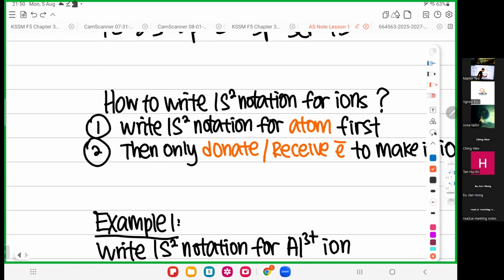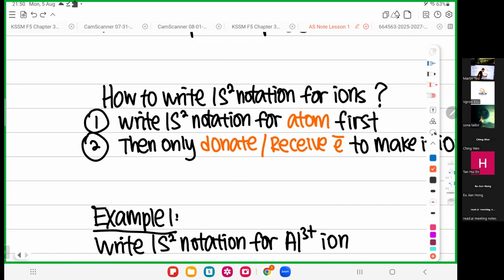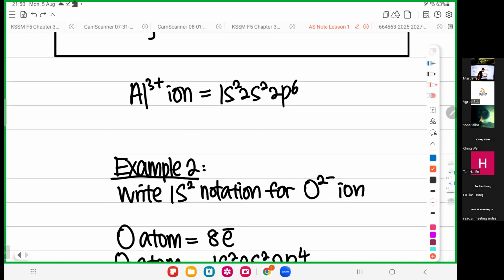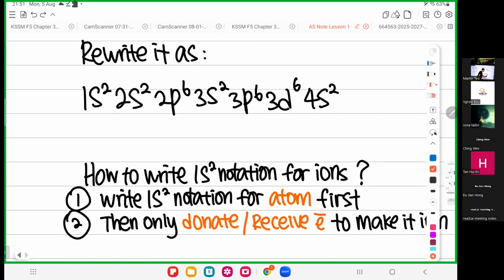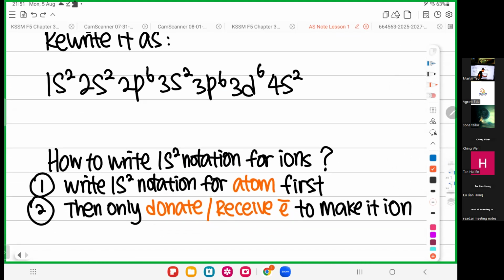But what if they want us to write the 1s2 notation for an ion? For example, the question asks, write the 1s2 notation for aluminium ion, or write the 1s2 notation for O2-, oxide ion. So how on earth do we do it? It's the same thing. Start with the atom.